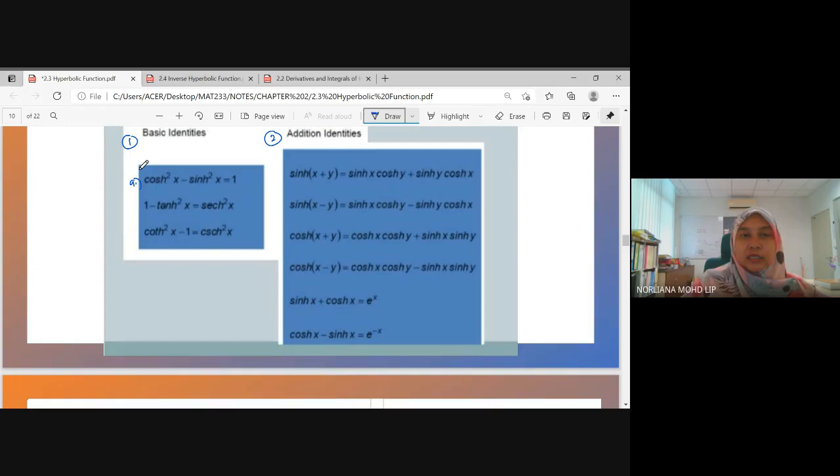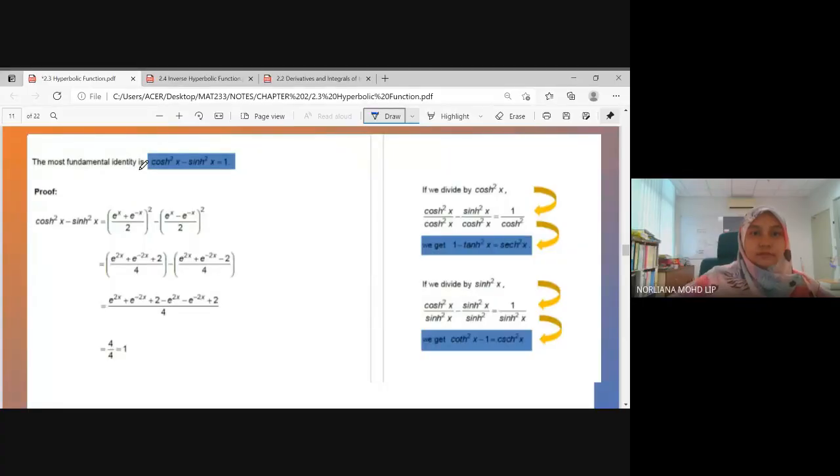Hyperbolic cos square minus hyperbolic sin square. Boleh nampak tak? Saya tulis. Boleh nampak tak? Ni A.